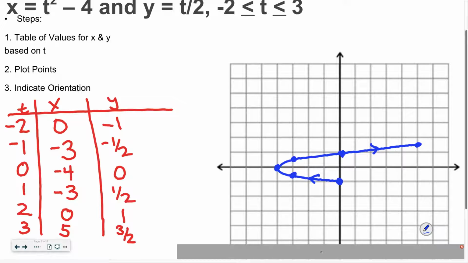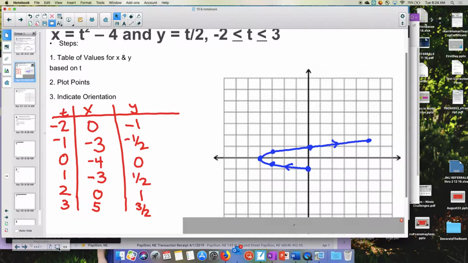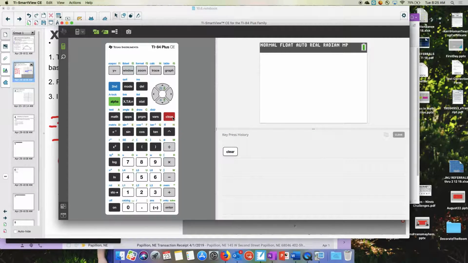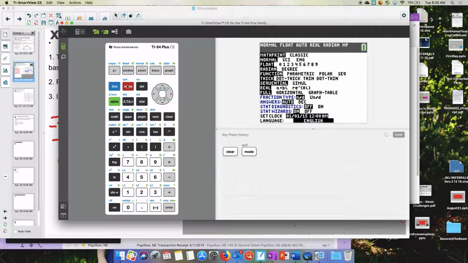Okay? Now, do you think your calculator is going to be able to graph these? Get your calculator out. I want to show you something. Okay, so the first thing you would need to do is go into mode.